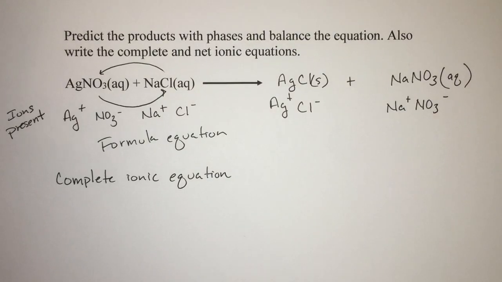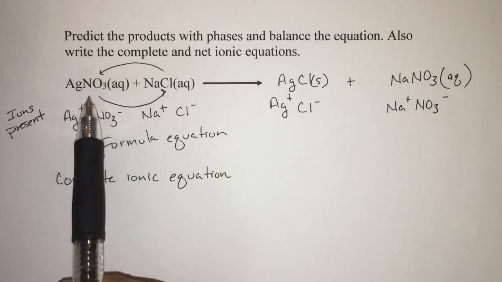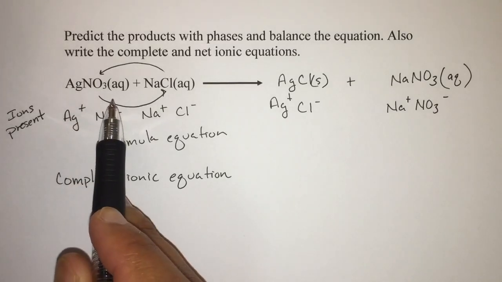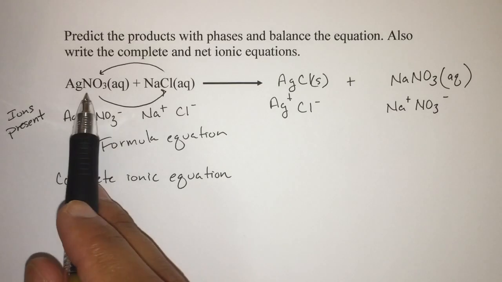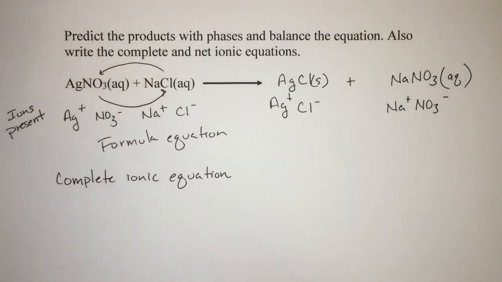In the complete ionic equation, the thing to remember is we want to write all of these species the way that they would look in solution. Let's start with the first species, silver nitrate. Silver nitrate is aqueous. That means that this is the way we write the formula, but this is not the way silver nitrate exists in solution.